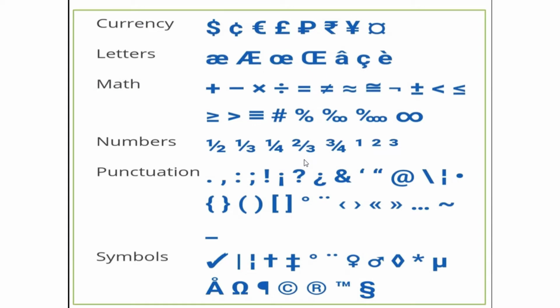There are different types of characters which we use in the form of currency, letters, maths, number, punctuation, symbol and emoji. So the first one is currency.